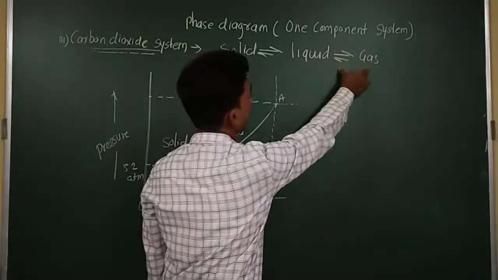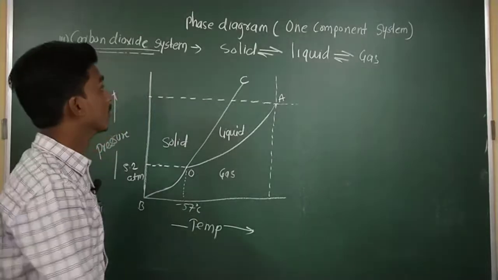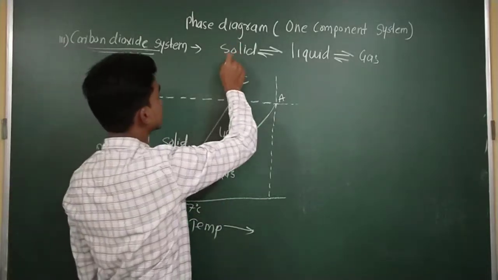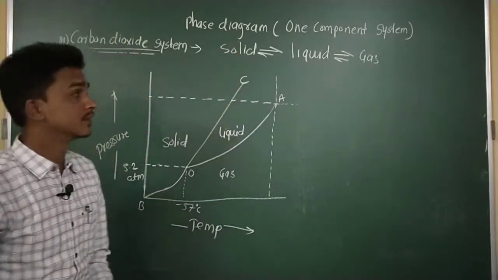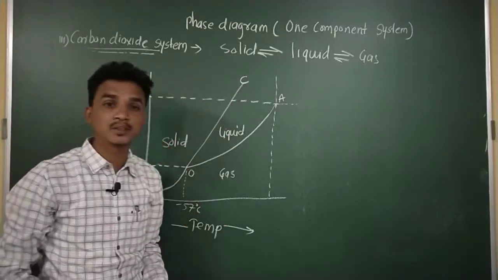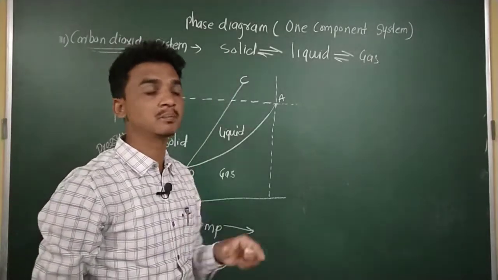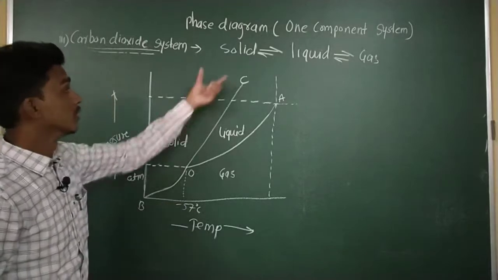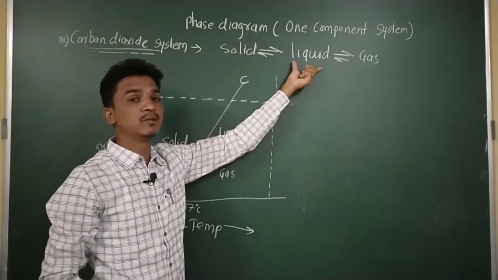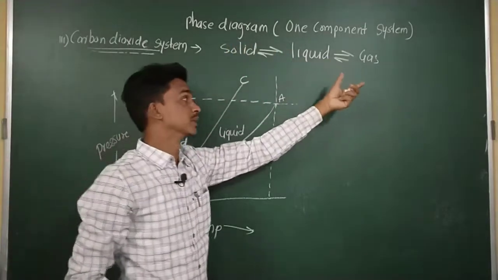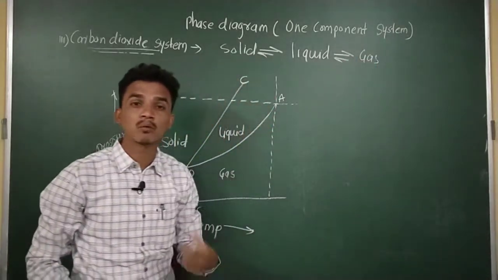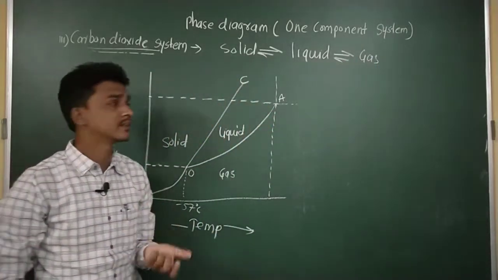On the basis of this phase diagram we can say that at a specific temperature and at a specific pressure, the solid form exists, the liquid form exists, and at specific conditions the carbon dioxide molecules get converted into the gaseous state.